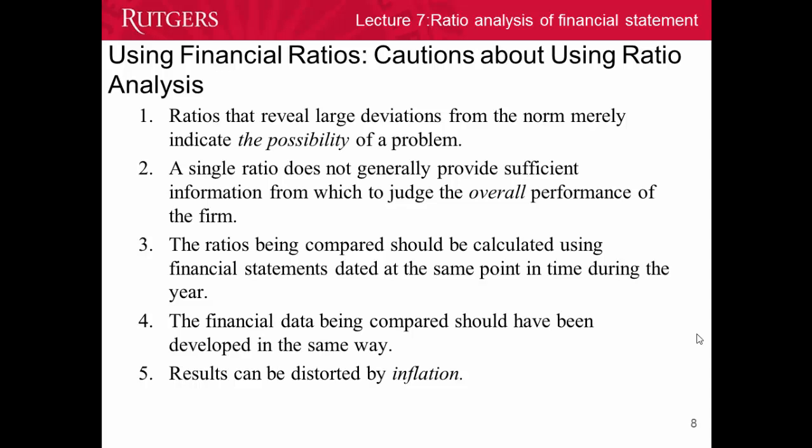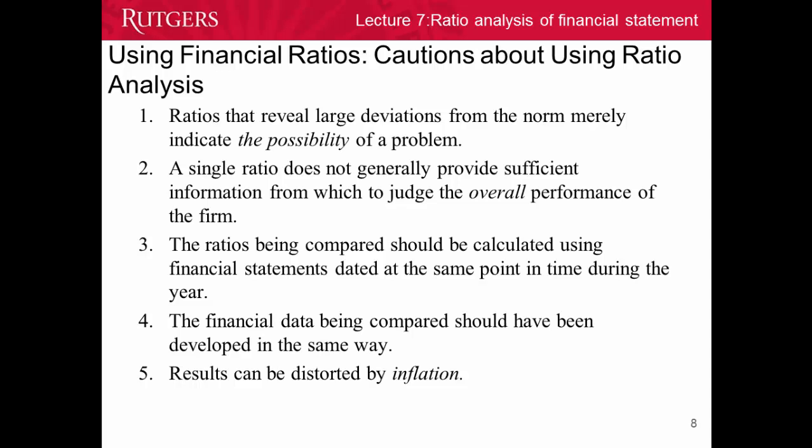This process involves taking different ratios as a whole and integrating them. This leads to the second point. A single ratio does not generally provide sufficient information from which to judge the overall performance of the firm.